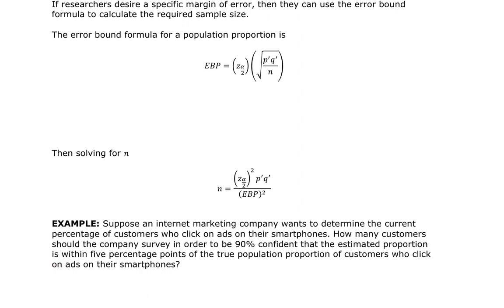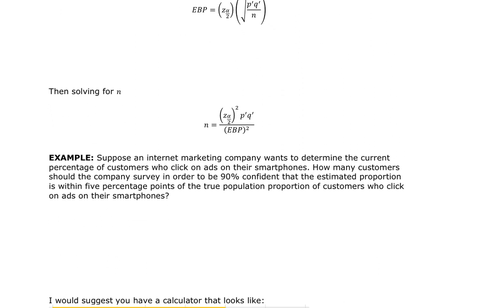Okay, so what happens? They didn't tell us what our proportion is. So if they don't tell us the proportion, the safe thing to say in this case is we are going to let my EBP be 0.05 because I have a 95% confidence.